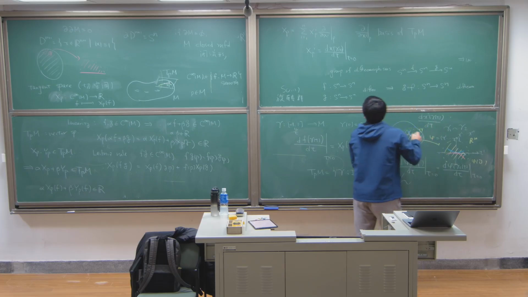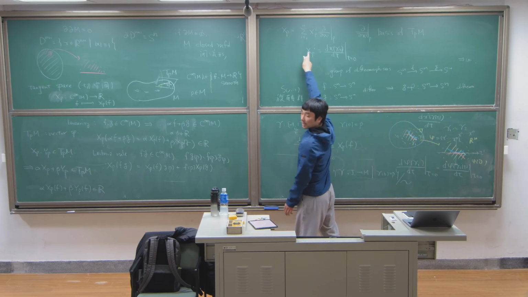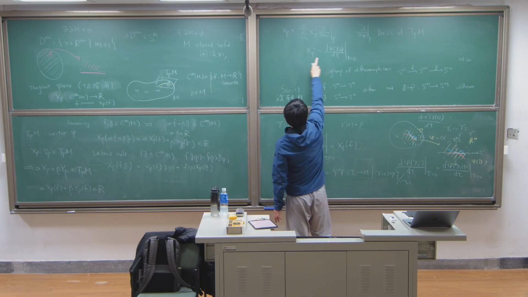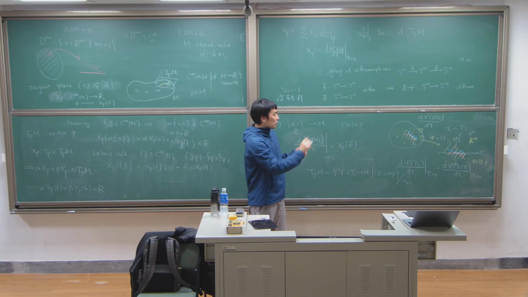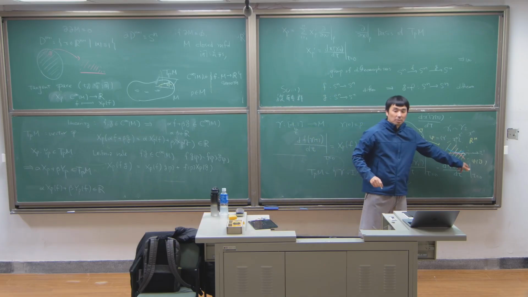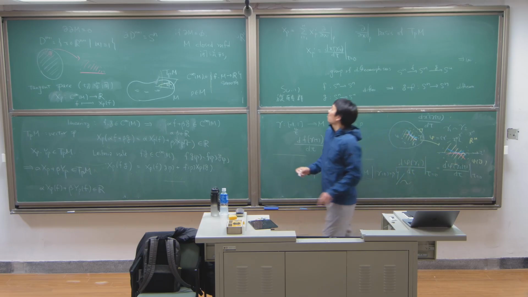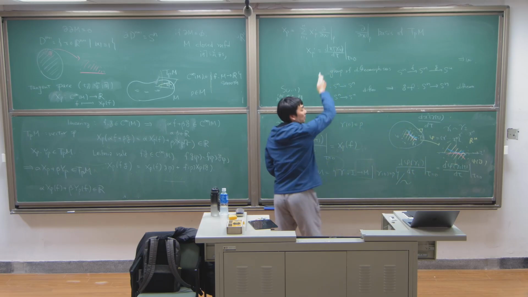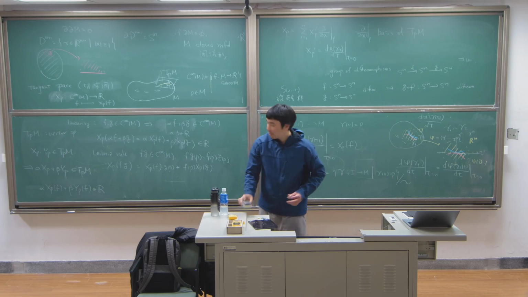dt. That is the Xp of I. That is really the speed of this curve. And the basis is the derivative like this.